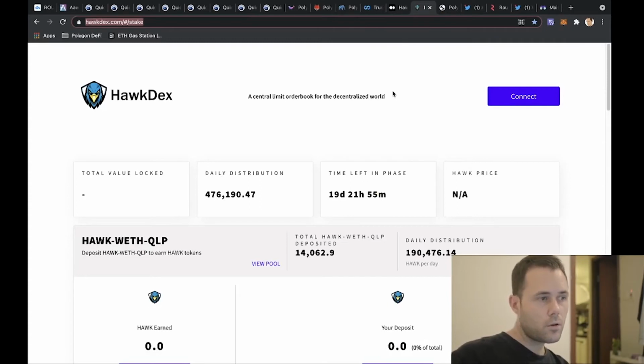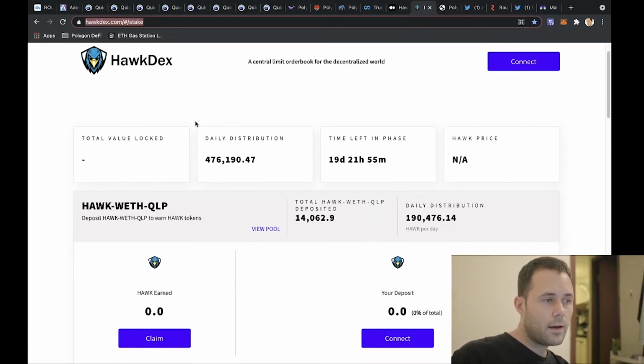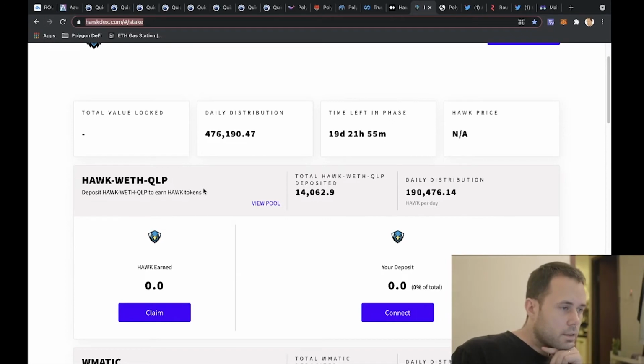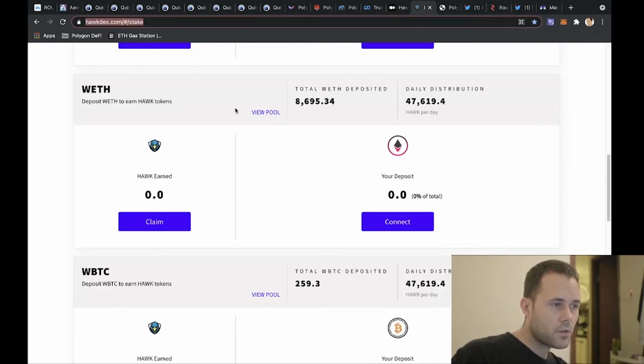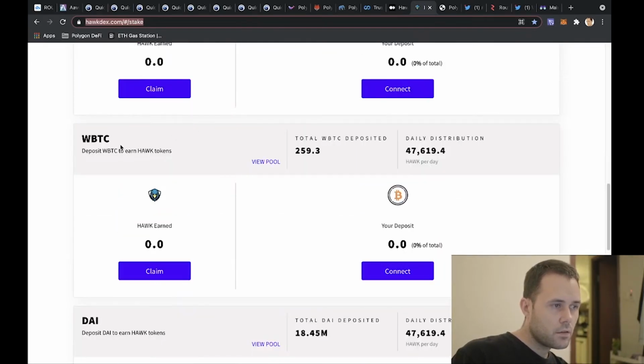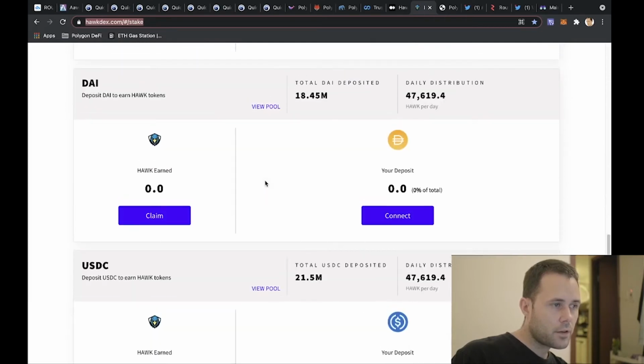Okay, we've got one more project on Polygon that I just wanted to take a look at, which is HawkDEX. Still trying to work this out, really. So we've got a liquidity pool, Hawk, wrapped ETH, ETH staking, wrapped Bitcoin staking, DAI staking.